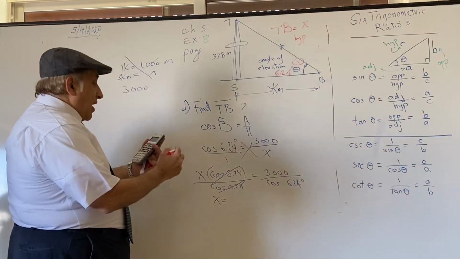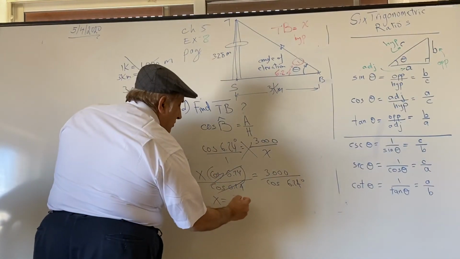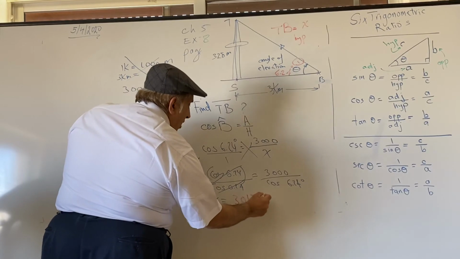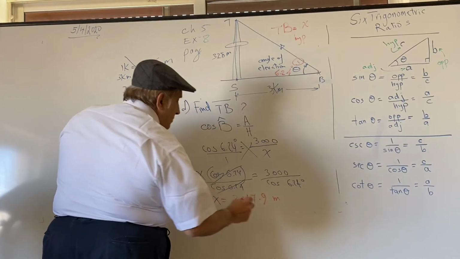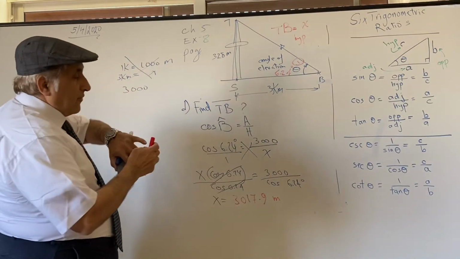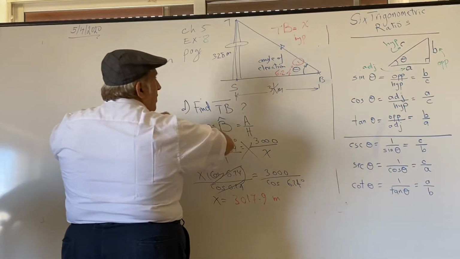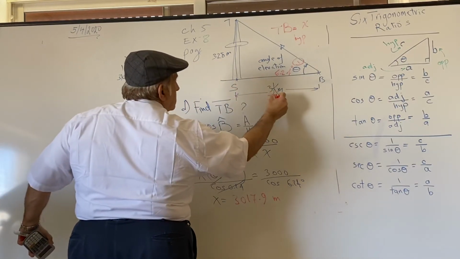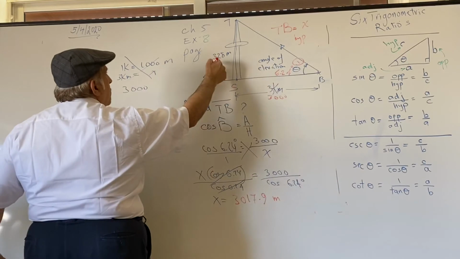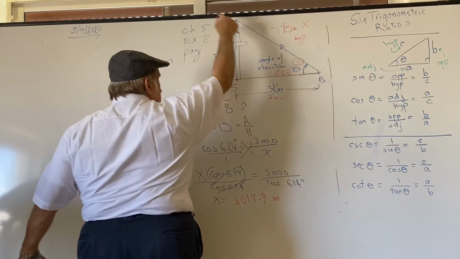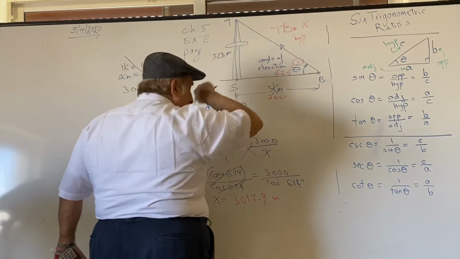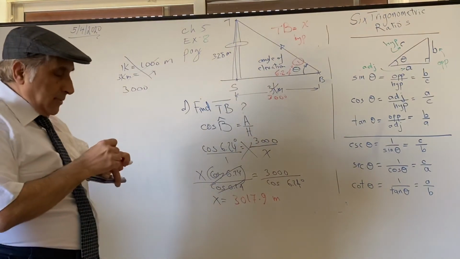Oh, your answer is 3,017.9 meters. So if this is 3,000 meters here and this is 328, this distance, so big, is about 3,017.9.